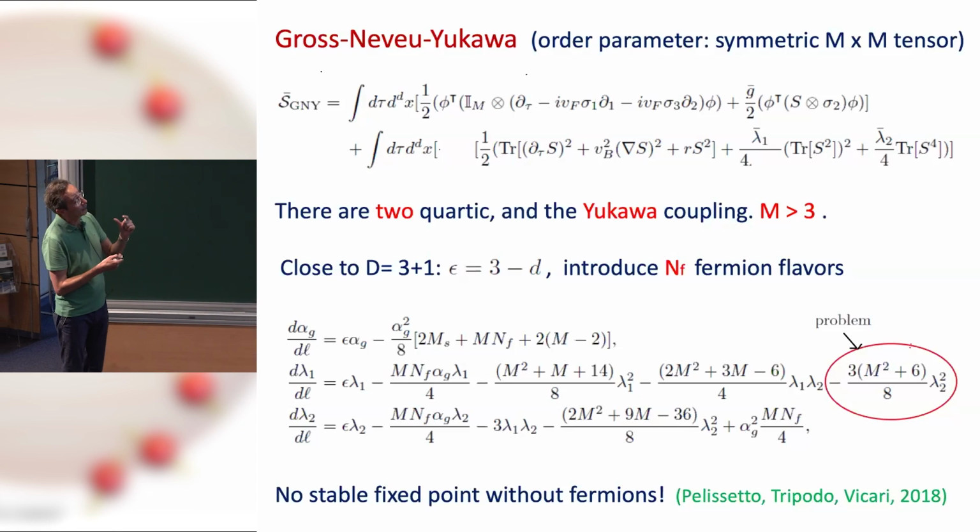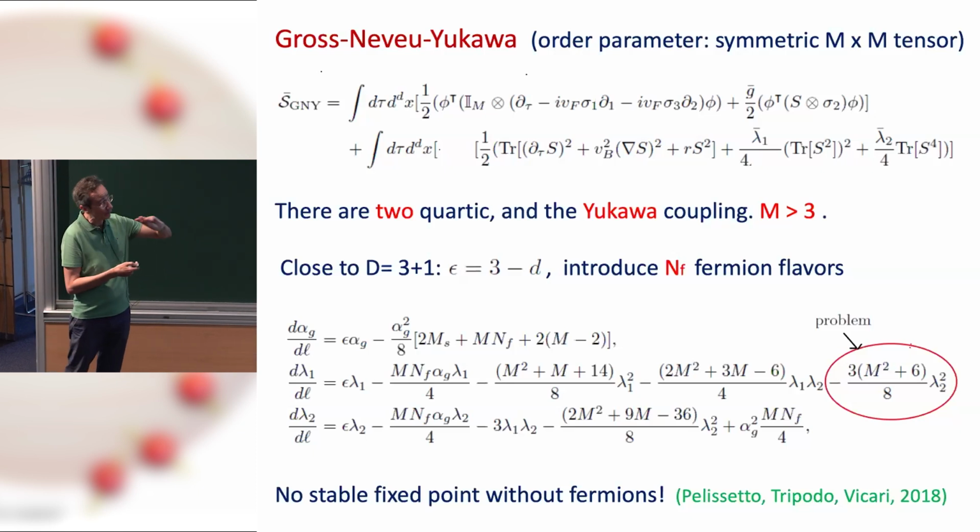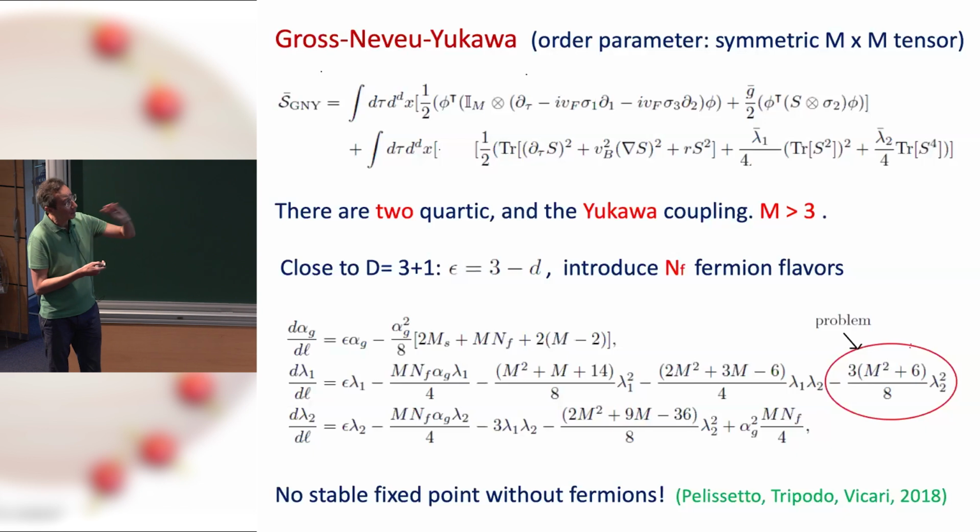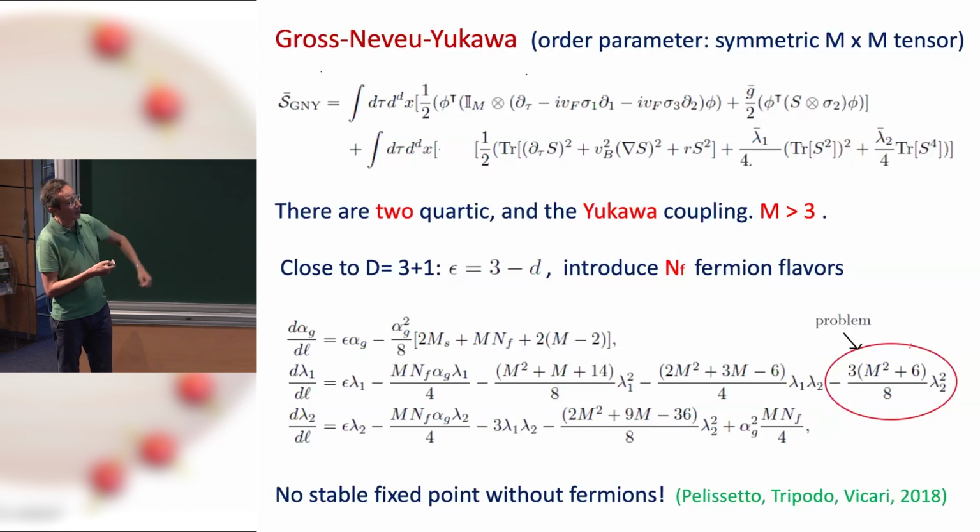Now, what we know about this is that if I forget about fermions completely and just look at this Ginzburg-Landau theory and do epsilon expansion for it around, let's say, 4 dimensions, which is possible, one does not have a stable fixed point.